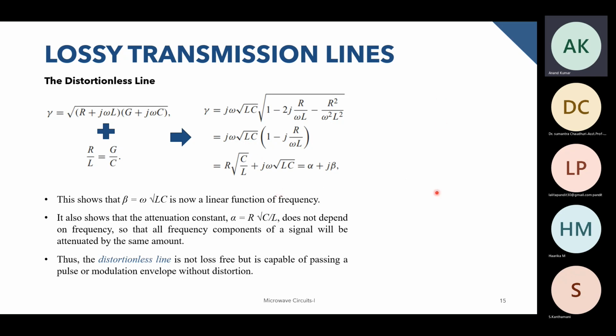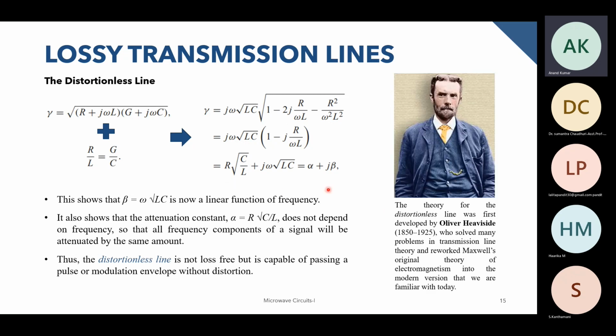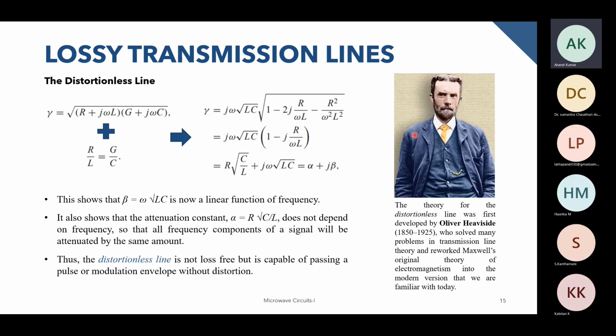So a little bit of history. This case of distortionless line was actually developed by Oliver Heaviside. We have seen this photograph earlier when we were discussing Maxwell's equations. Maxwell had given a whole set of a number of equations, around 16 or 20, something like that.